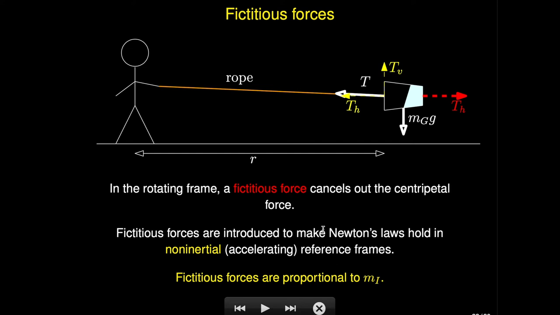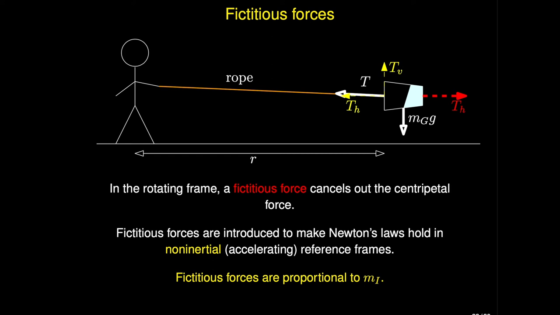So it's called a fictitious force. They're introduced to make Newton's laws hold in non-inertial, i.e. accelerating, reference frames. But here's the key point. Fictitious forces are always proportional to the inertial mass. I don't want to get too much into all the ins and outs of why that is, so have a look in the lecture notes where I try to give an explanation.